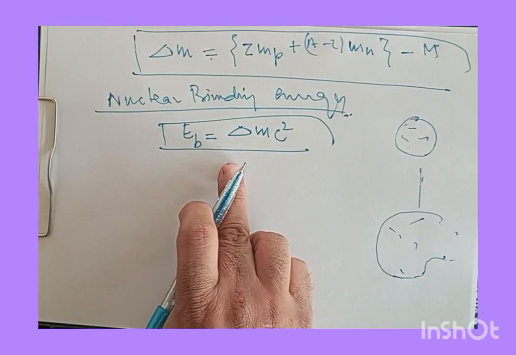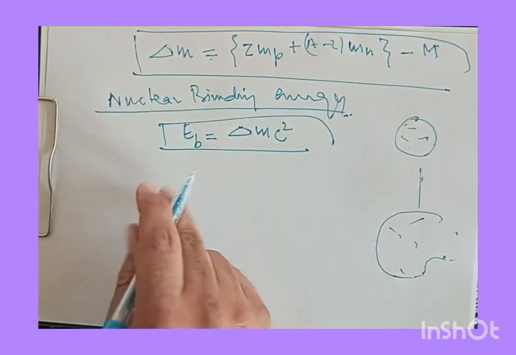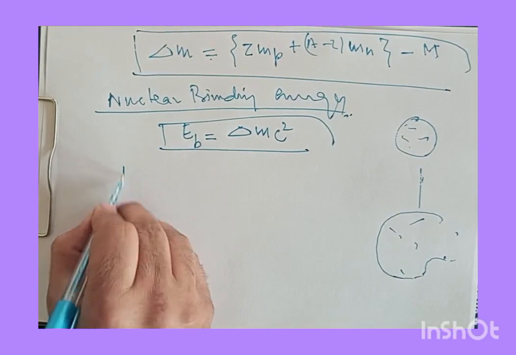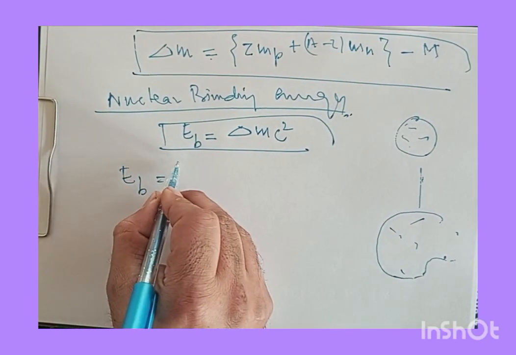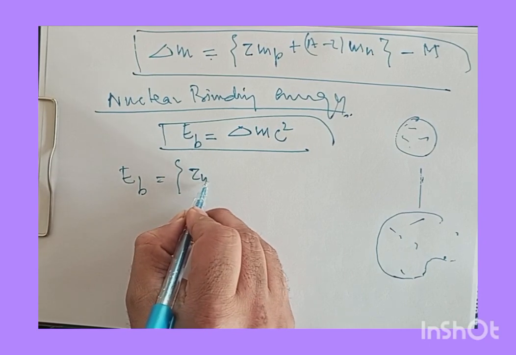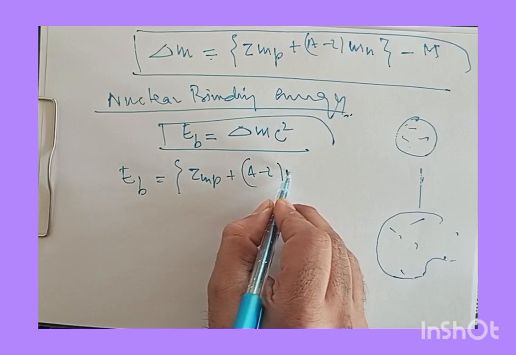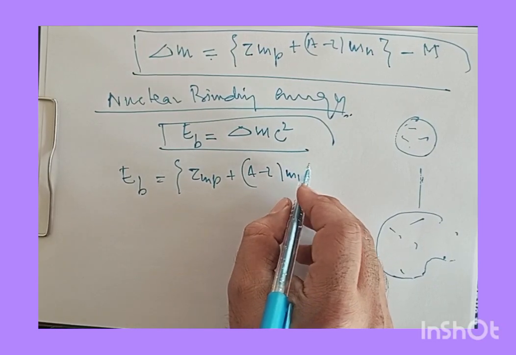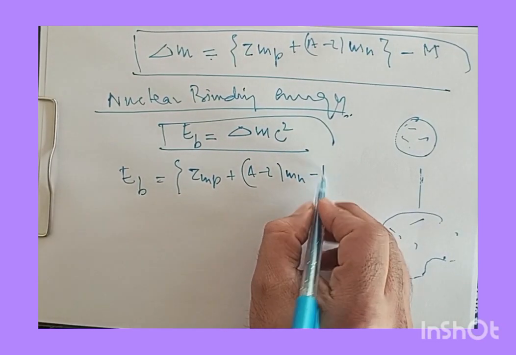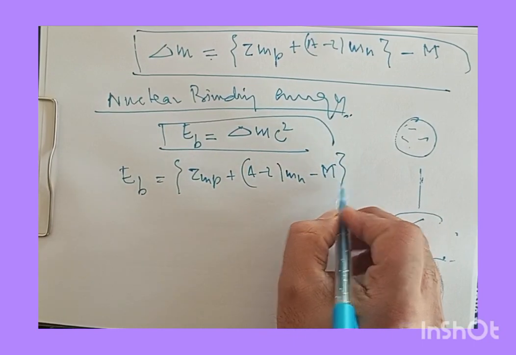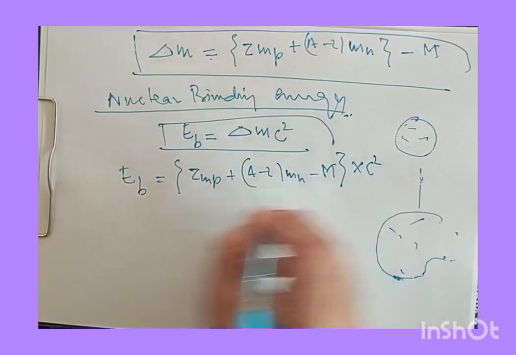I can use here for delta m, and I can have the binding energy. So binding energy can be written as (Z mp plus (A minus Z) mn minus m) times c square.